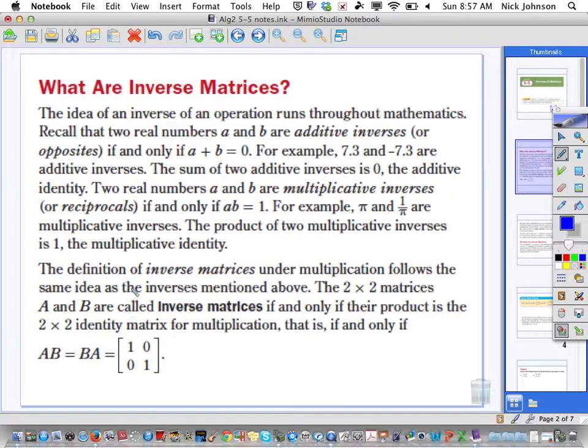The definition of inverse matrices under multiplication follows the same idea as the inverses mentioned above. 2 by 2 matrices A and B are inverse matrices if and only if their product is a 2 by 2 identity matrix. So you know two matrices are inverses of each other if you multiply them together and you get the identity matrix.